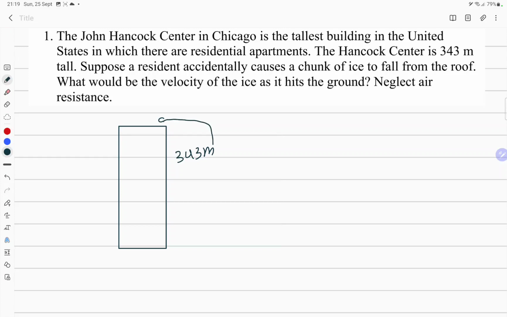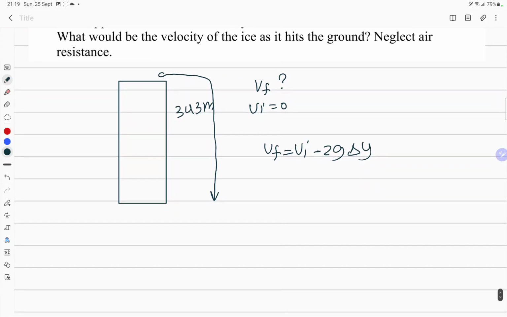So an ice is going to be going down. What will be the velocity again? We're looking for V final. I know that V initial is equal to 0. If I want to get V final, I don't have time, so V final squared is equal to V initial squared minus 2g delta Y. Easy task.